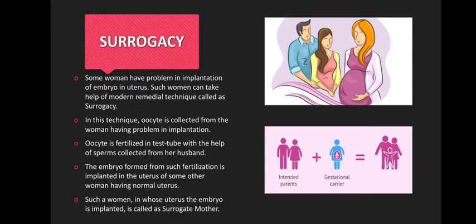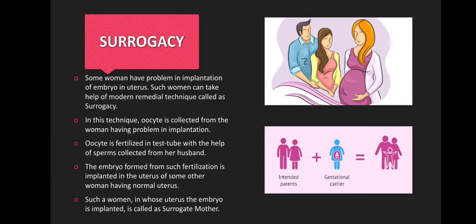The oocyte is fertilized in the test tube just like we did in in vitro fertilization, with the help of sperms collected from her husband. The embryo thus formed is implanted in the uterus of some other woman having a normal uterus, who has no problem implanting the embryo. Followed? Such a woman in whose uterus the embryo is implanted is called a surrogate mother.